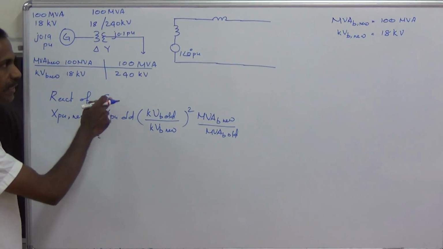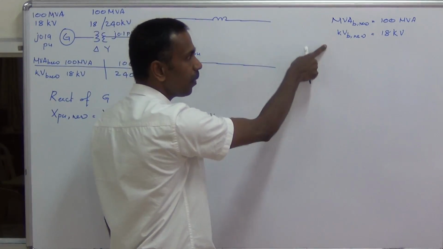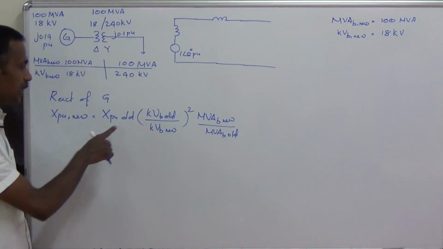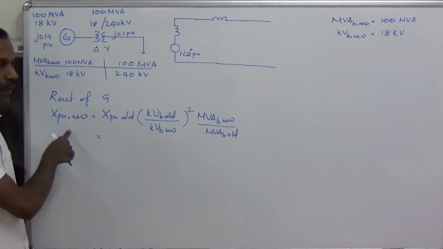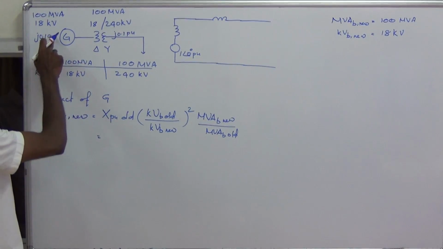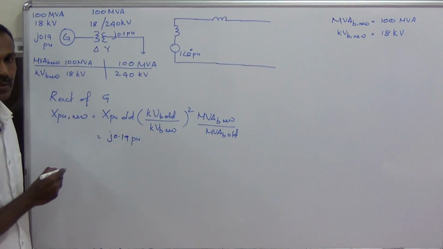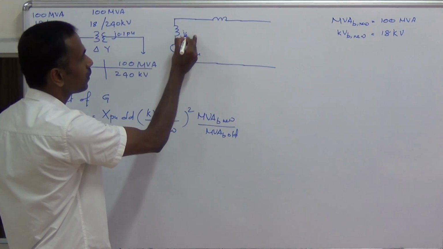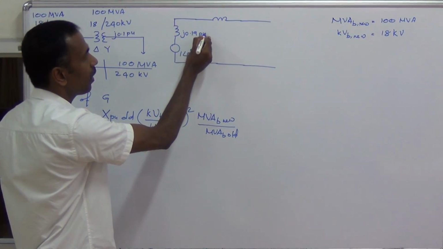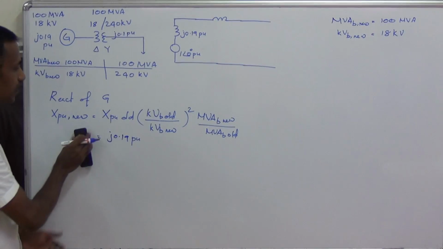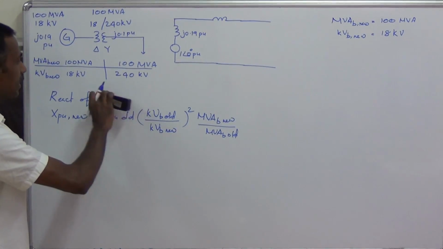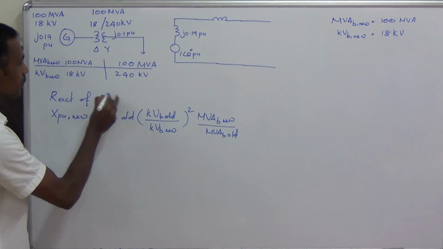Now the generator ratings are chosen as the new base values, so X per unit old and X per unit new will be the same for the generator. This is equal to J0.19 per unit. Let me mark the value here, J0.19 per unit.